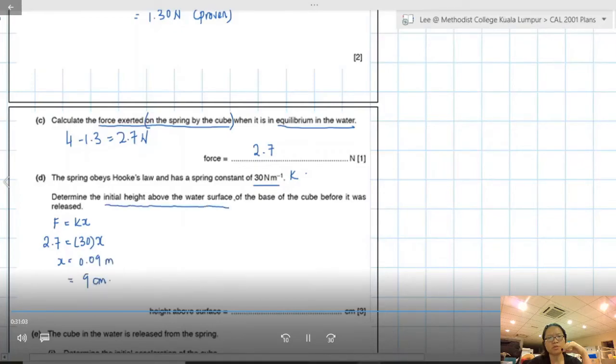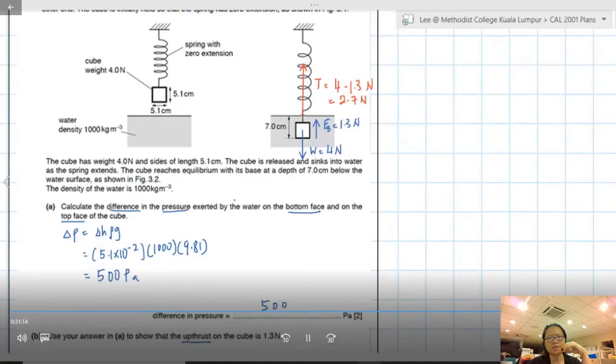Okay, so because this is 9 cm, if you go back here, now I'm going to demarcate or indicate where the lengths are. Because you want to know what is the distance of the diagram on the left from the water level, right? Because in the diagram on the left, the spring has 0 extension. So I'm going to draw this part, and you know that the spring will extend by 9 cm. So 9 cm is where the final position of the block is.